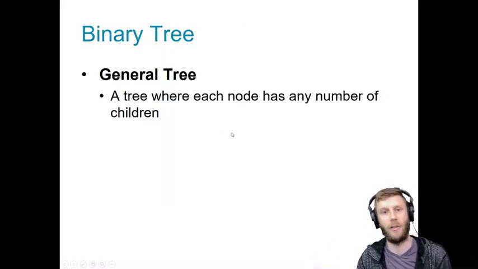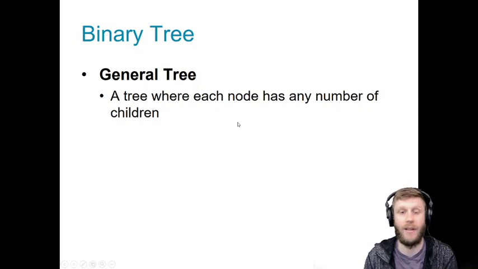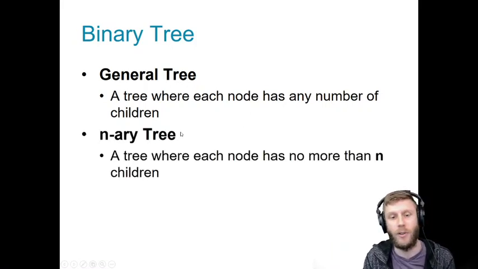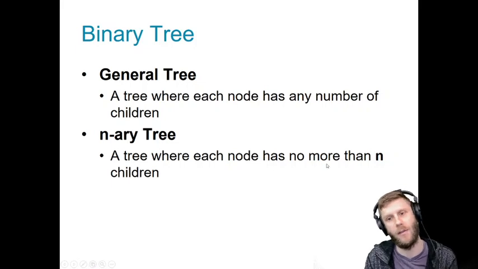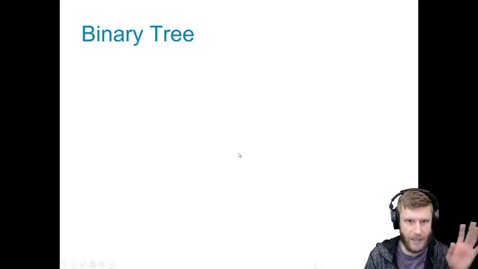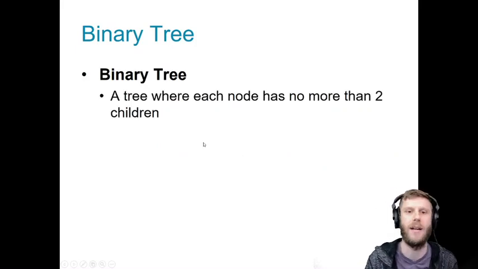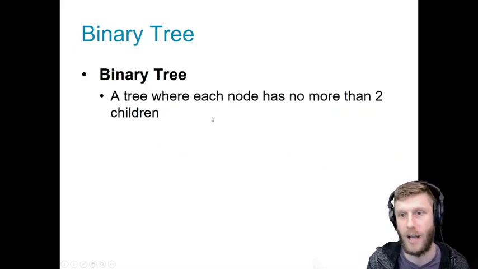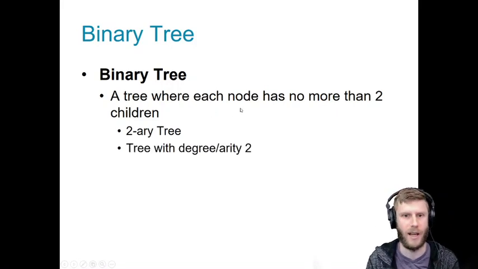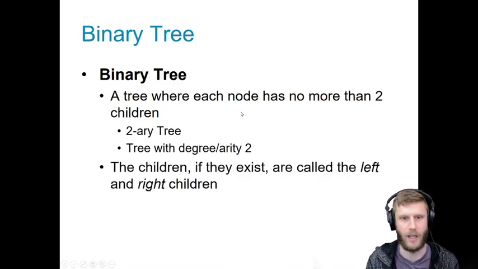So a general tree is a tree where each node has any number of children, 0 to many. And an n-ary tree is a tree where no node has more than n children, like that's the max number. But a binary tree is a tree where each node has no more than 2 children, or a 2-ary tree, but we'll always say binary tree.